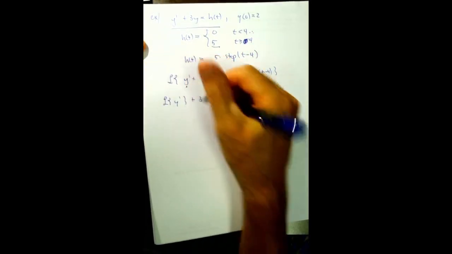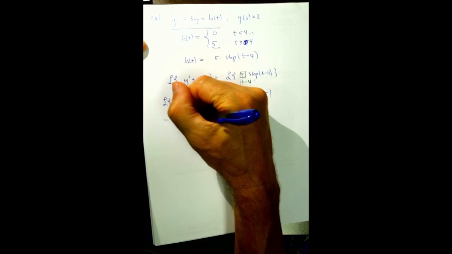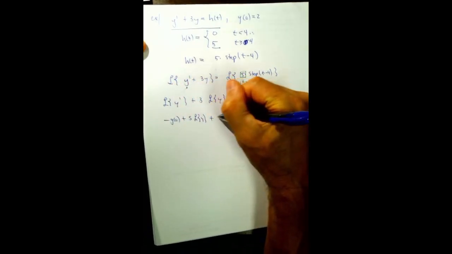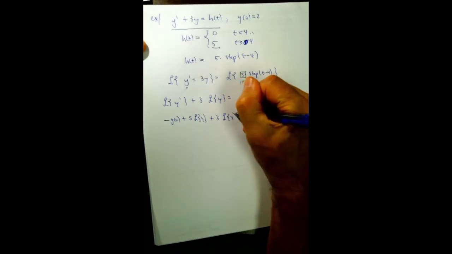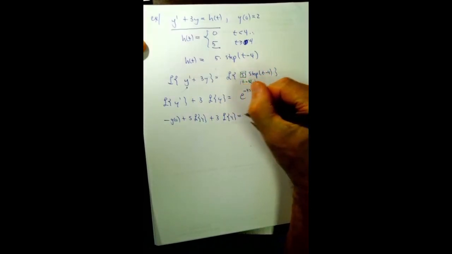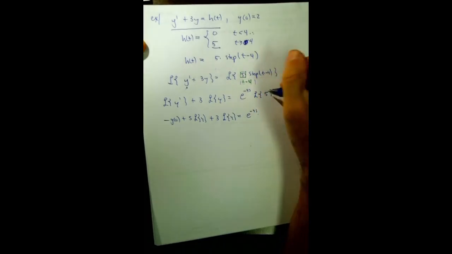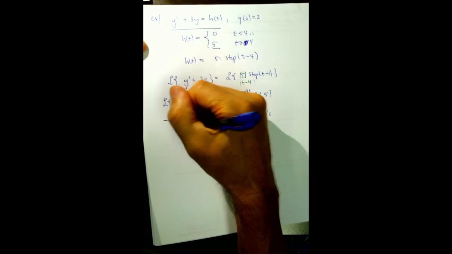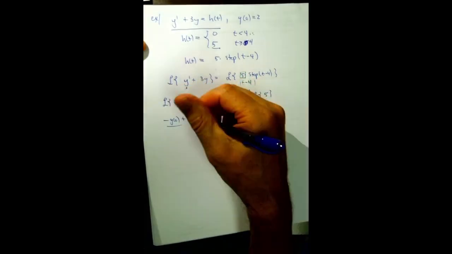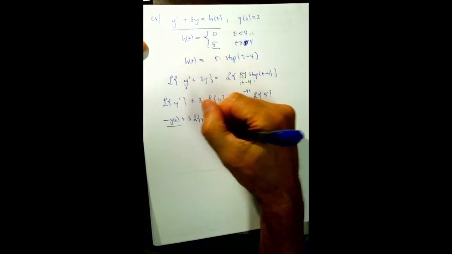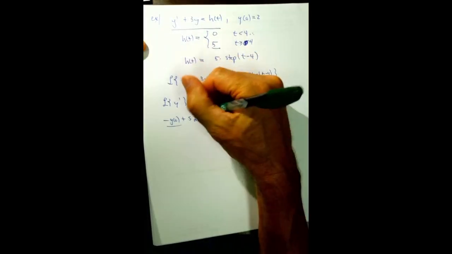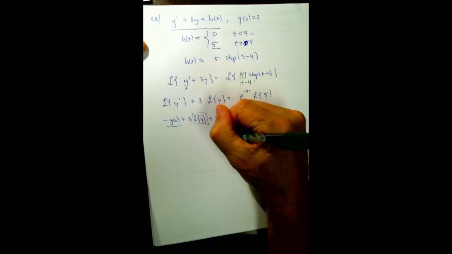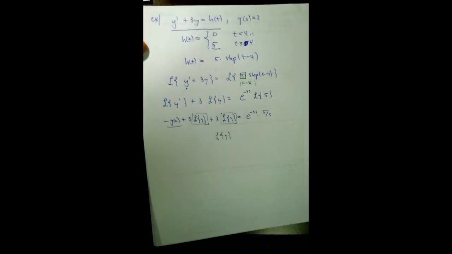So by my properties of Laplace transforms, this is going to be minus y of 0 plus s times the Laplace transform of y, plus 3 times the Laplace transform of y. It's going to be e to the minus 4s, and the Laplace transform of 5 is 5 over s. So I can add this to both sides, so that's equal to minus 2. And notice I've got a Laplace transform there and there. My goal is to solve for the Laplace transform of y.